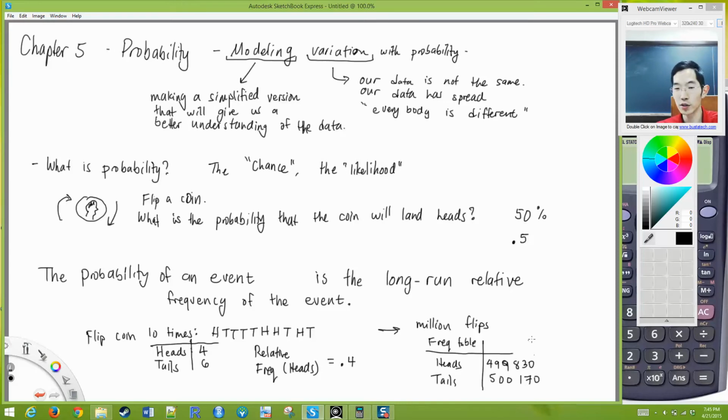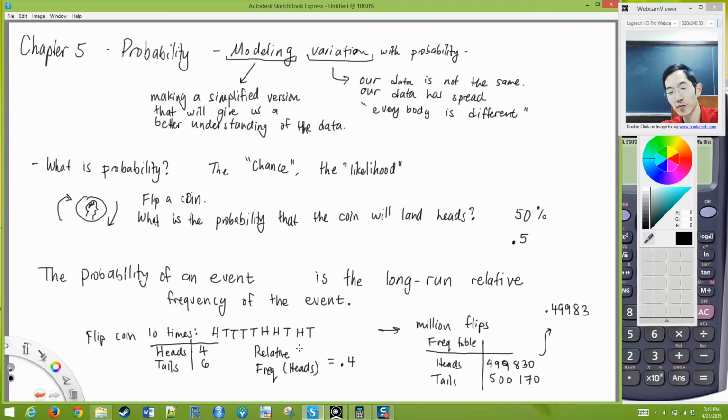Okay? So here my relative frequency is going to be 0.49983, right? Is that also okay? This is with 1,000,000 flips. Yes. Good.